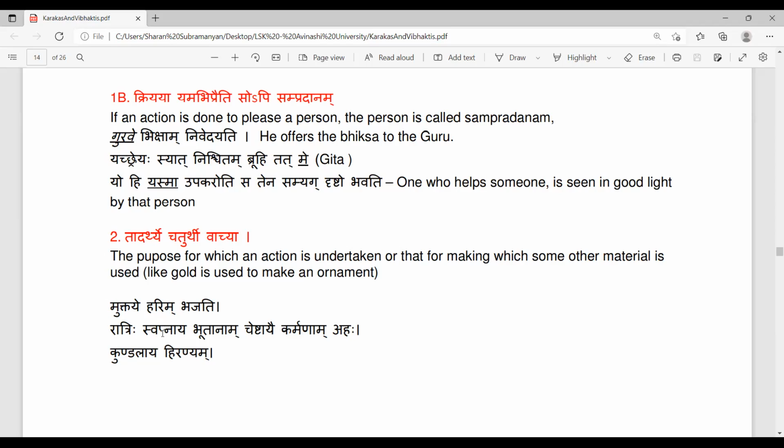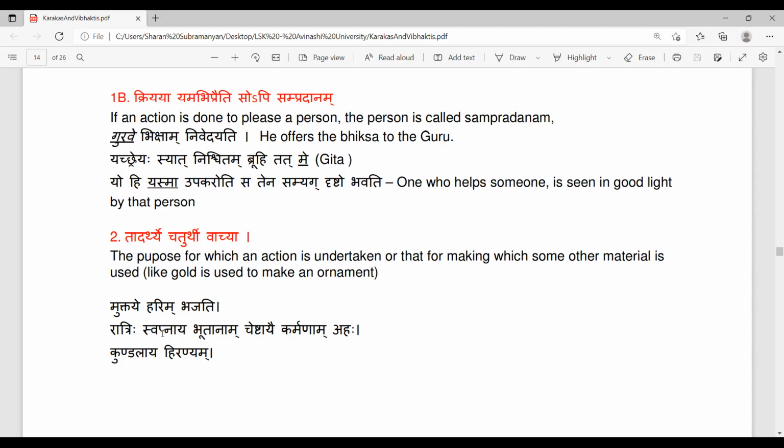Ratrihi Swapnaya Bhutanam, Cheshtayi Karmanam Agaha. Bhutanam Swapnaya Ratrihi. Ratri is meant for sleeping, for taking rest. Ratrihi Bhutanam Swapnaya. And the day is for work. Work in the day, sleep in the night. Cheshtahi Karmanam Agaha.